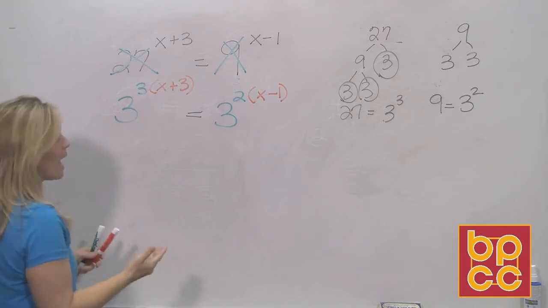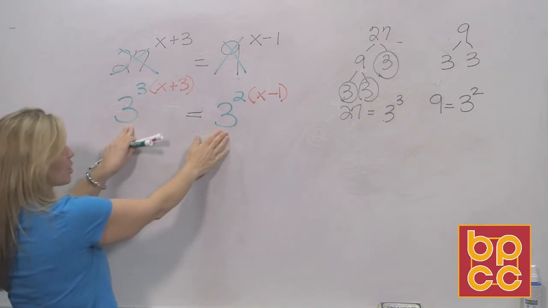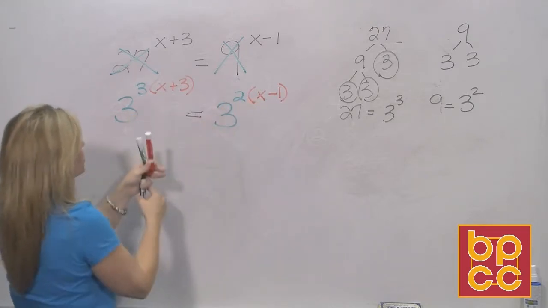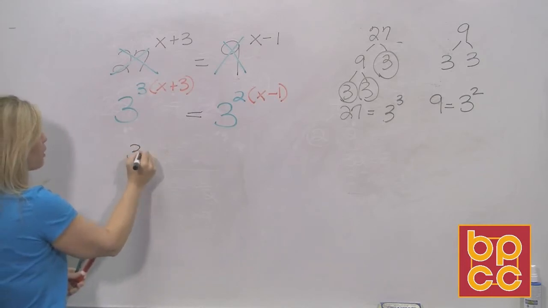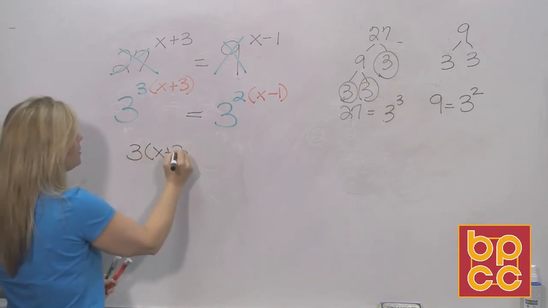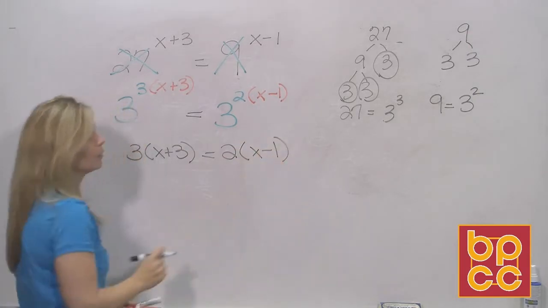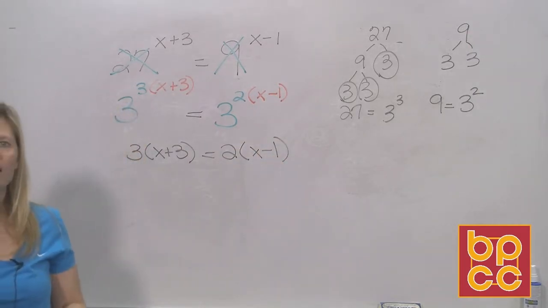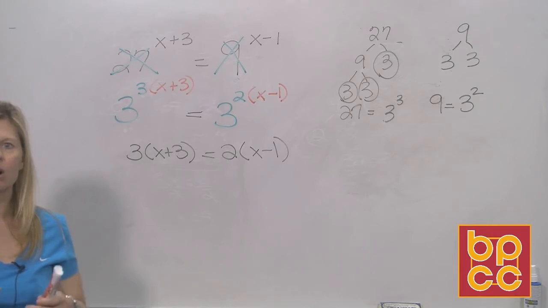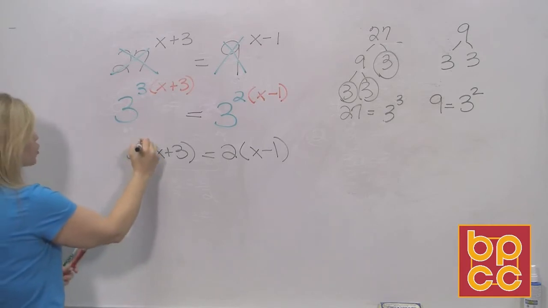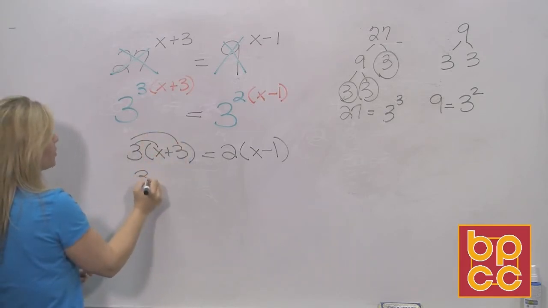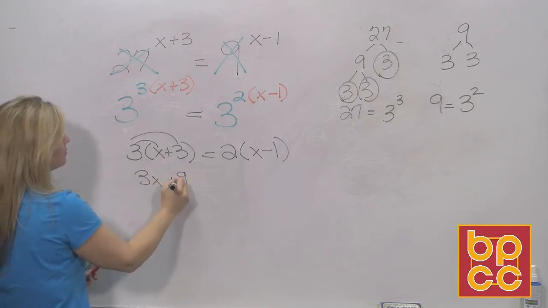Now, you got what you wanted. If the bases are equal, now the exponents can be equal. So we're going to take our exponent, 3x plus 3, and we're going to equal it to 2x minus 1. You are back to module 1, a simple linear equation. We're going to use our distributive property, so we get 3x plus 9.